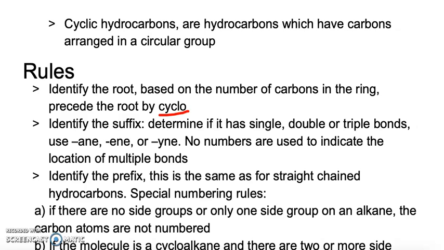Then it would be a double bond. Then it would be our side chains in alphabetical order. So if you have more than one special thing, figure out which one is the most important. That gets assigned number 1. You then can either number clockwise or counterclockwise. What will make that decision is what gives you the next lowest number. We'll look at some examples to show you what that looks like.